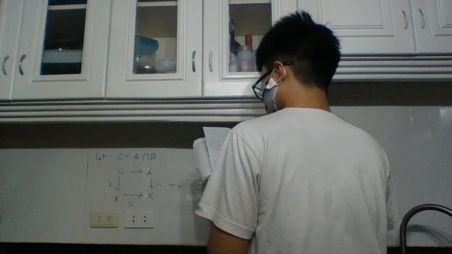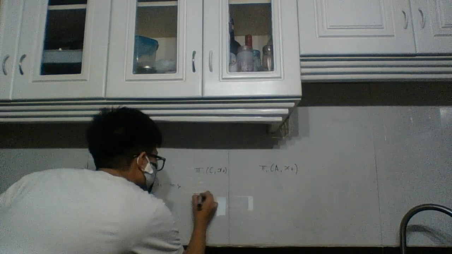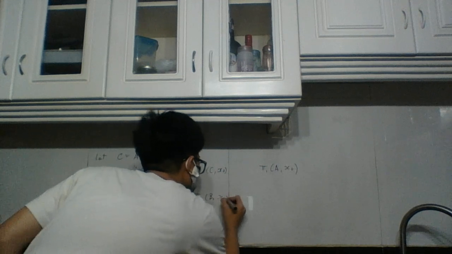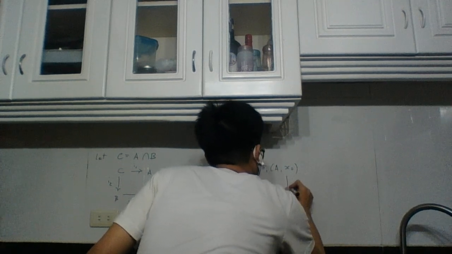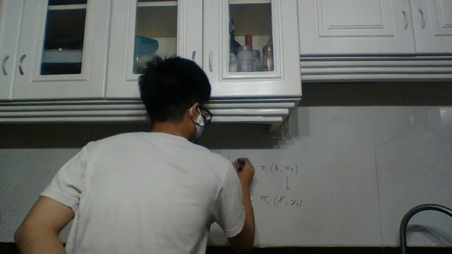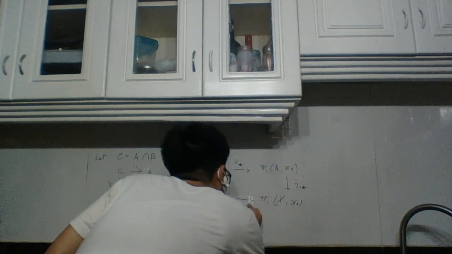That is precisely this commutative diagram: pi 1 of C at x naught, all based at x naught. Then I have pi 1 of A at x naught, pi 1 of B at x naught, and pi 1 of X at x naught. Same flow, but this time you have i1 star and then i2 star.